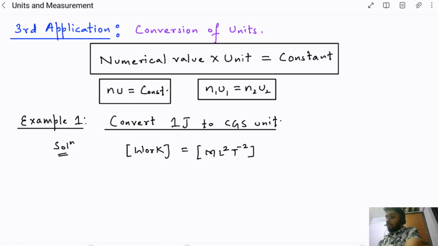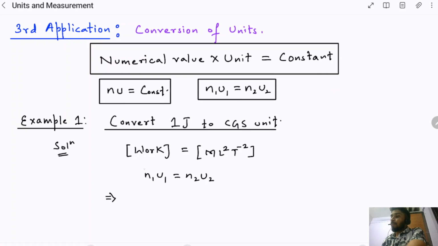So the first step is to write the dimensional formula for the physical quantity that we are converting. Here we are converting joule, which is the SI unit of work, and the dimensional formula for work is M L square T minus 2. Now the next step, we write n1 u1 equal to n2 u2. Here n1 is the value in the first unit.